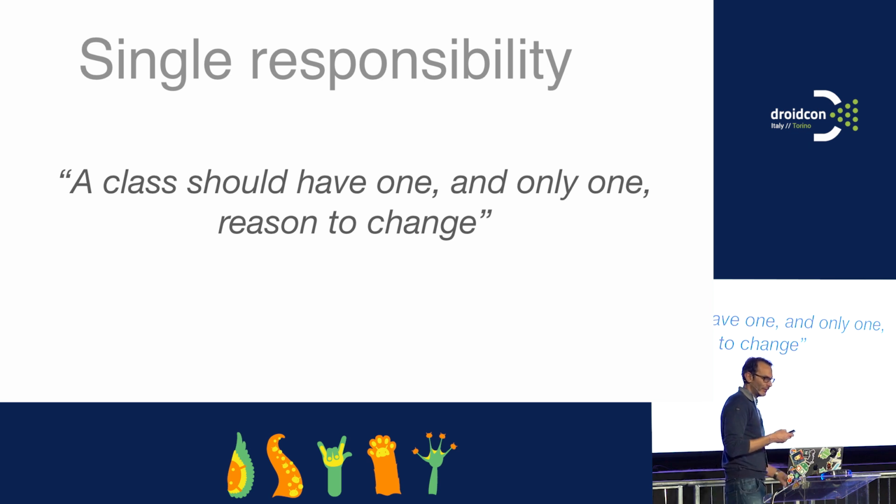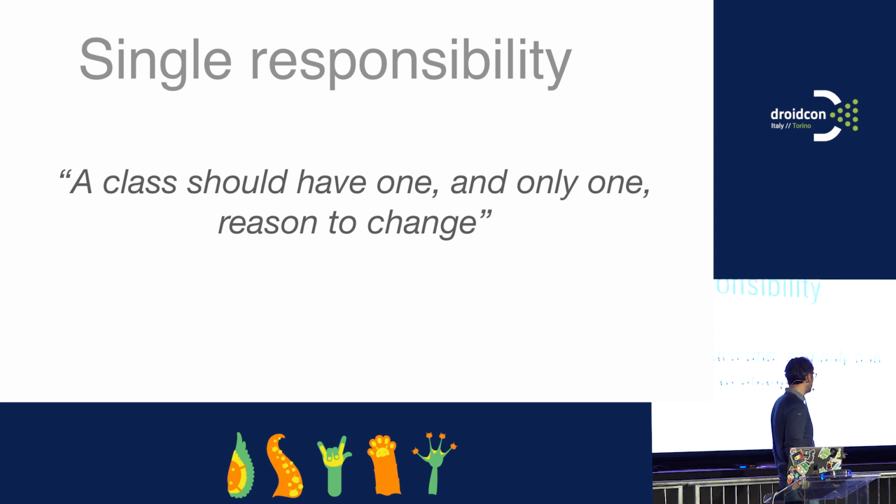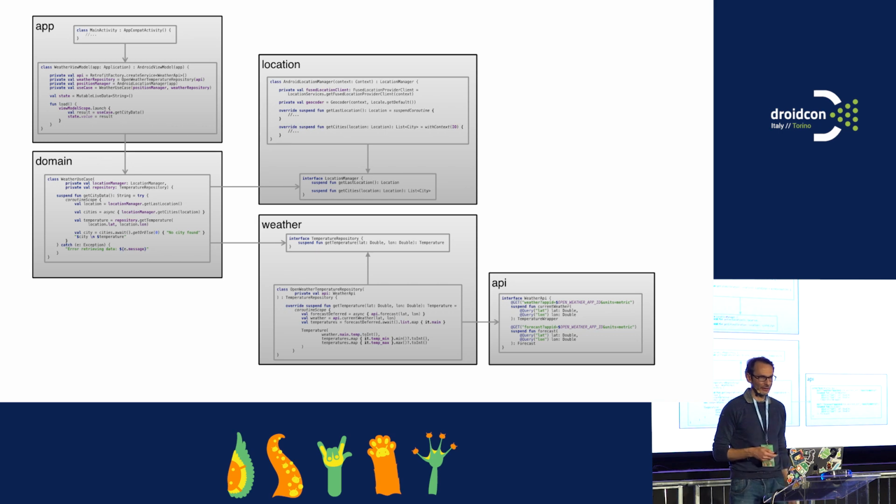So a class should have one and only one reason to change. Let's see our example again. Here there are many classes, and each class has a single responsibility. Maybe the only ones that have 2 responsibilities are the location manager and the Android location manager. But probably for this example it's quite a good organization, I hope.